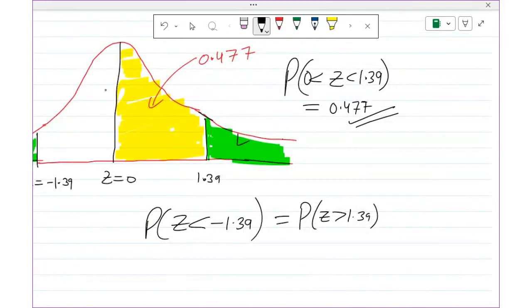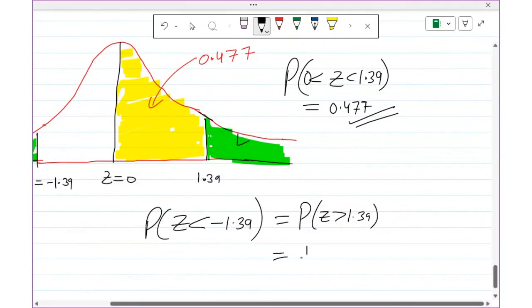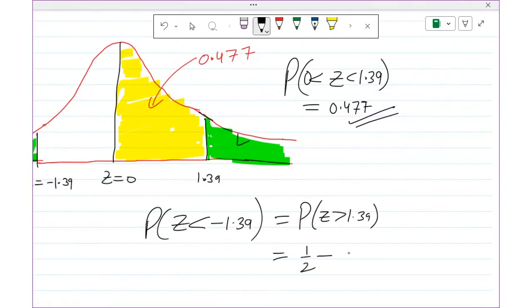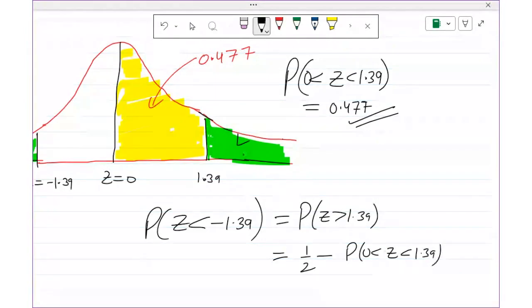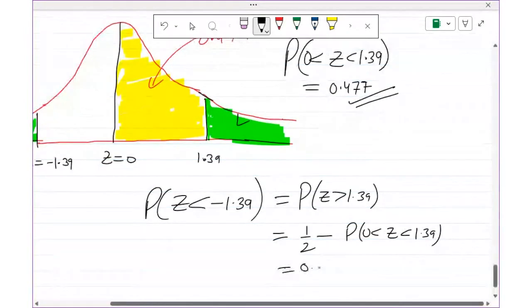So from half, you will subtract the area of 0 to 1.39. If you subtract the probability of z between 0 and 1.39, you will get the green color area. So that is 0.5 minus 0.477.